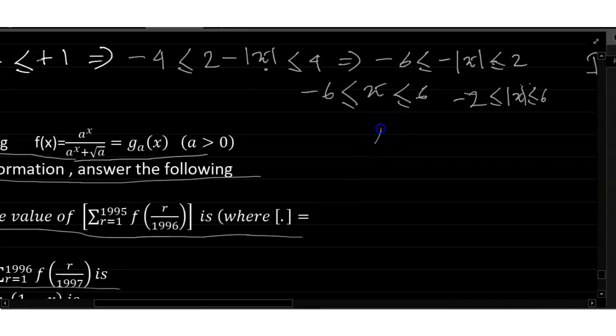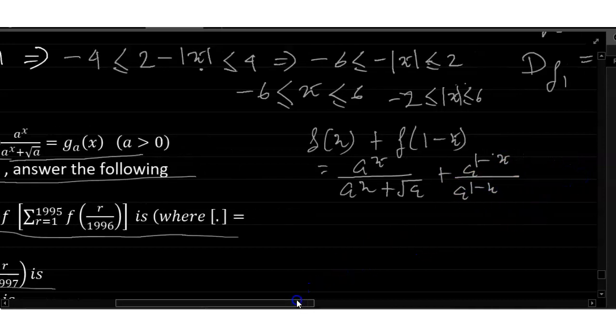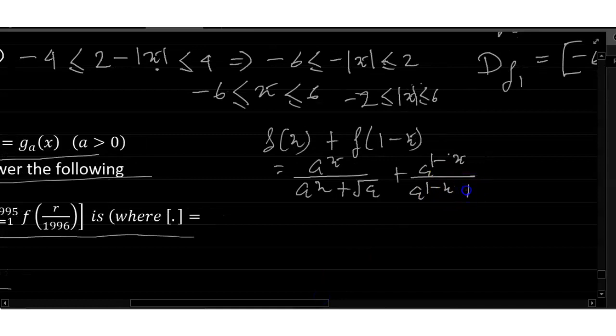Number 1, f(x) plus f(1 minus x) equals a to the power x divided by a to the power x plus root over a, plus a to the power 1 minus x divided by a to the power 1 minus x plus root over a.